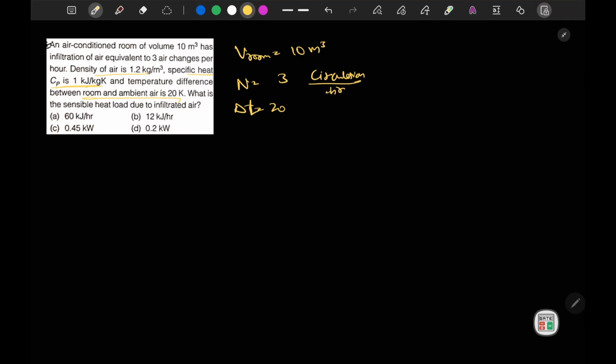Now, what is the sensible heat load due to infiltrated air? The sensible heat load is given by m Cp delta T. Now m we can write as rho into volume, or volume in Cm by 60, into Cp into delta T. So rho is equal to 1.2, and Cm is given in cubic meter per hour.